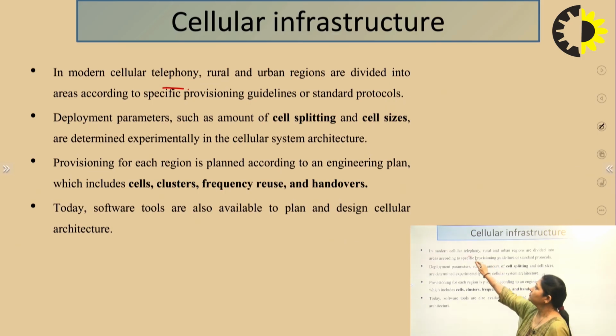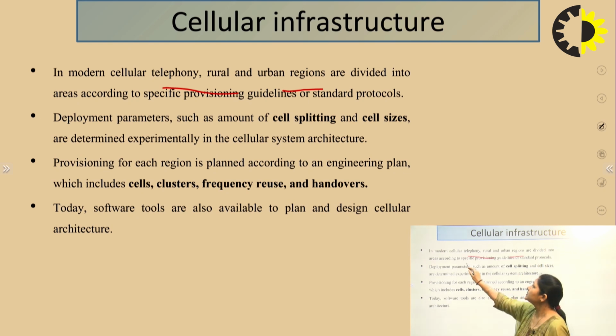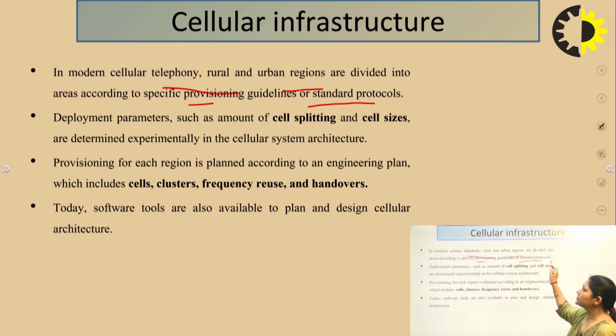In modern cellular systems, rural and urban regions are divided into areas according to their specific provisioning, and there is a deployment of cell splitting and cell sizes.